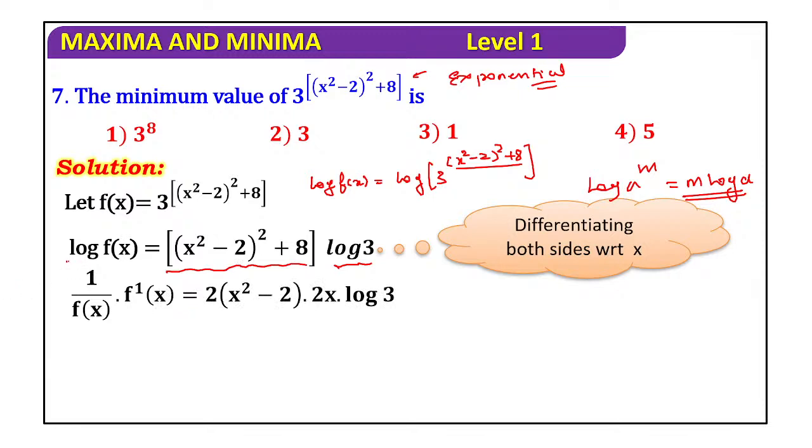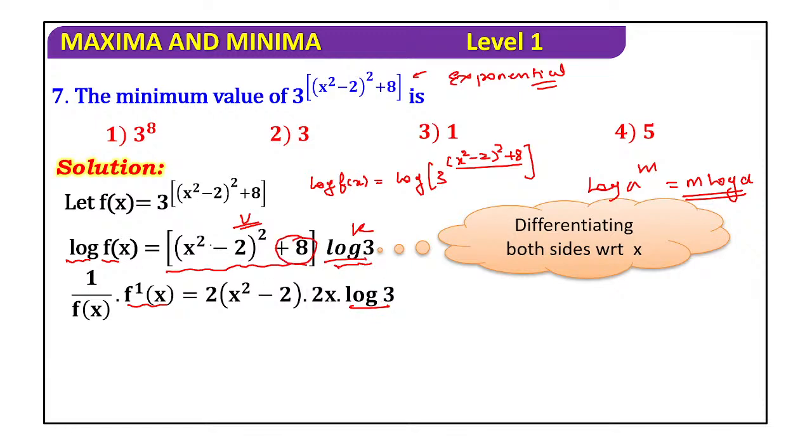Differentiation on both sides will be 1 by f of x into f dash of x. Here log 3 is constant and the other part is the function u. Log 3 I will write as it is, but differentiation of 8 is 0.